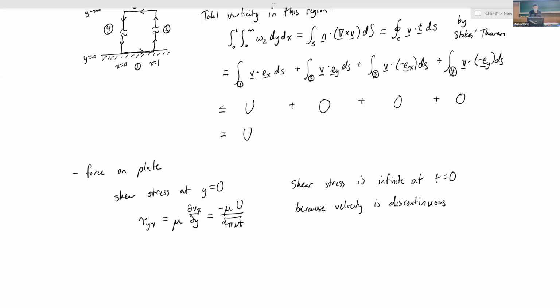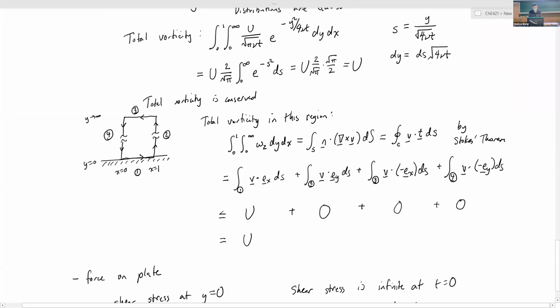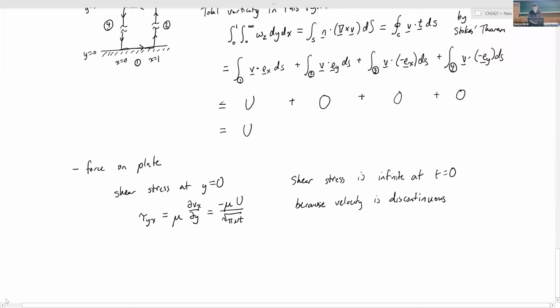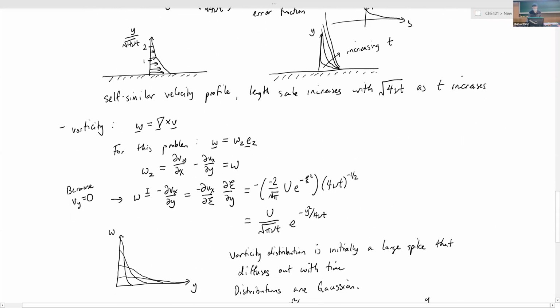sort of. A better way that I like to think about it is that vorticity comes about from basically shear forces. If you think about it, this expression right here for the shear stress, dVx dy, is essentially the same as this expression here for vorticity, right?